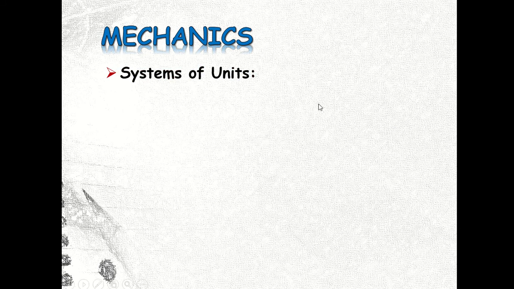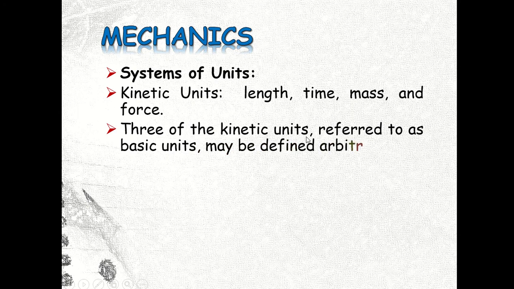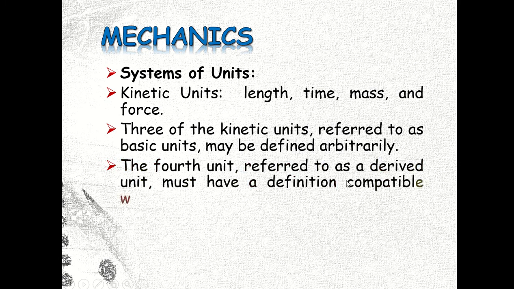And we will use here the system of units. We have what we call kinetic units that refers to the length, time, mass, and force. So 3 of the kinetic units referred to as basic units may be defined arbitrarily, and the fourth unit, referred to as a derived unit, must have a definition compatible with Newton's second law.